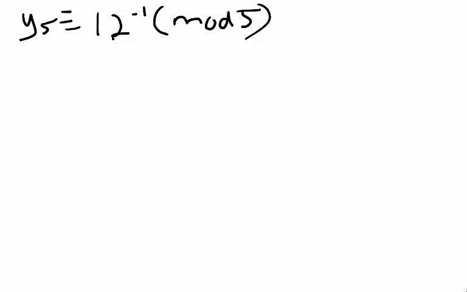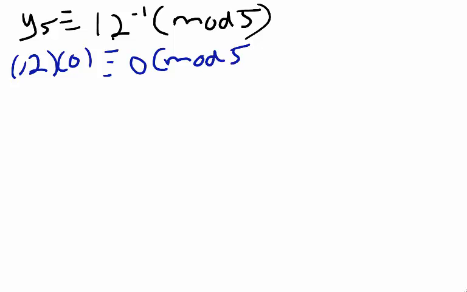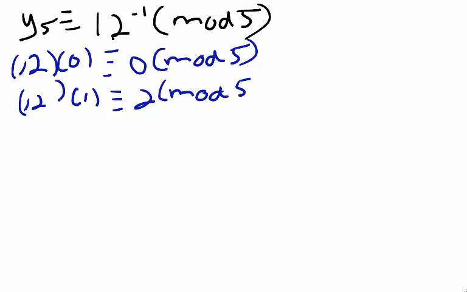So we take a look. 12 times 0 is congruent to 0 mod 5. 12 times 1 is congruent to 2 mod 5. 12 times 2 is congruent to 4 mod 5.